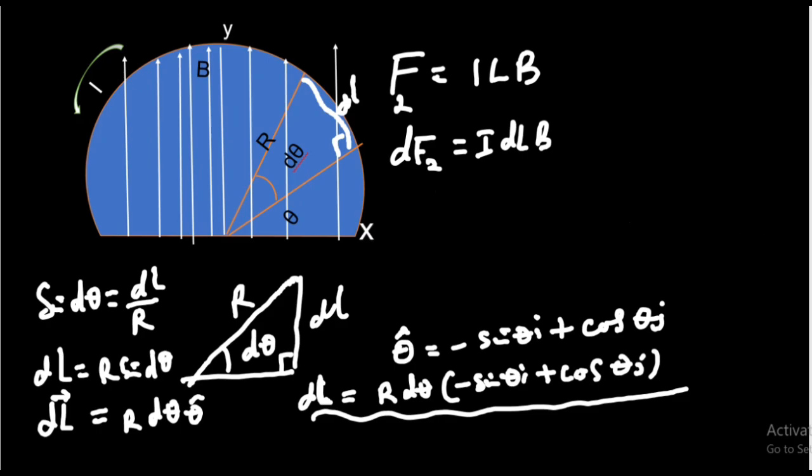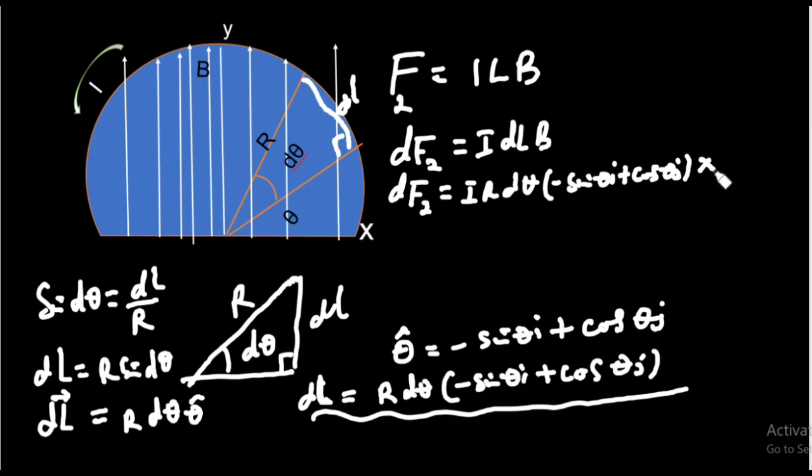So we write that dF2 equals I, R dθ times minus sine θ i plus cos θ j, crossed with B, whose magnitude is B. We can write the direction as j because it is along the y-axis.